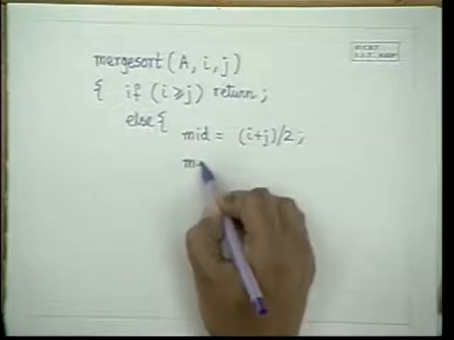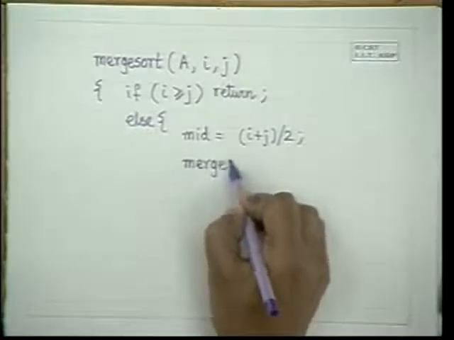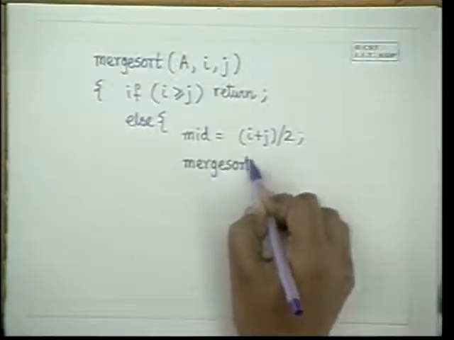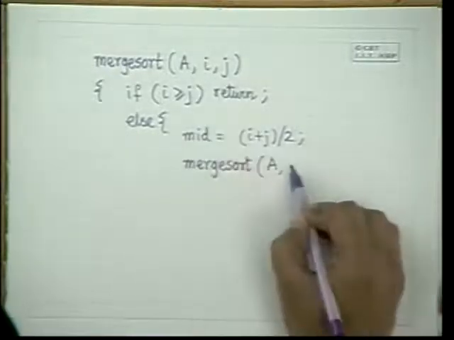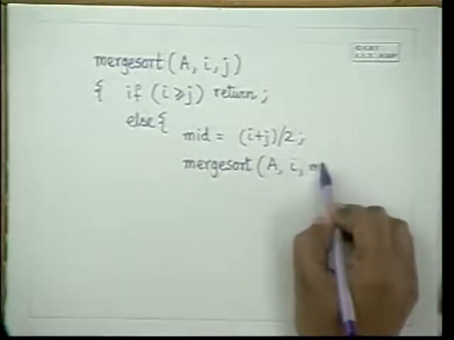So you can simply call merge sort A. One half will be from I to mid.